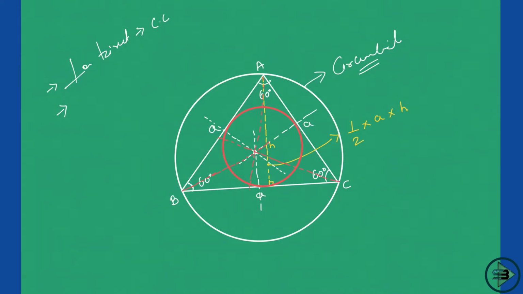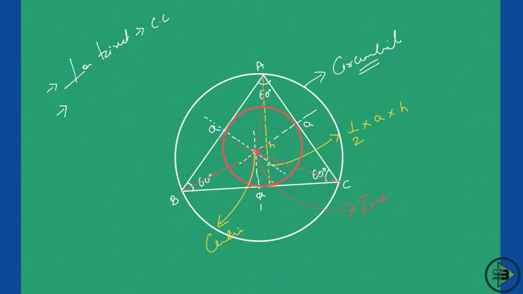And this center which will be here is called the incenter. So we have a circumcenter, which was the center for the circumcircle, and this is an incenter, which is the center for the incircle.